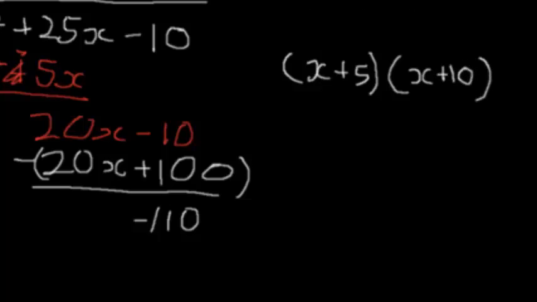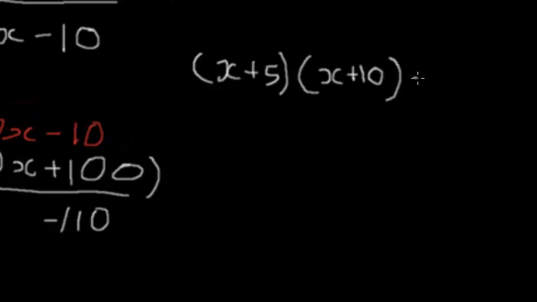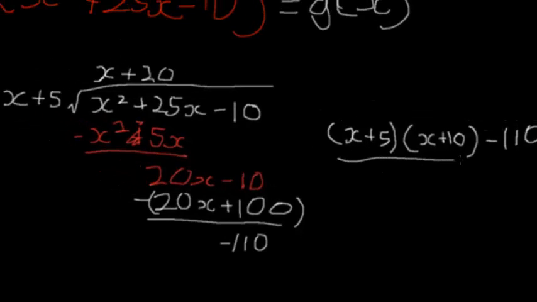And then we add it, so let me move this a bit, and then we add minus it with the remainder. So 110. And this is our answer from our long division. Yes, as you can see here, the answer. So this is basically the basics to long division.